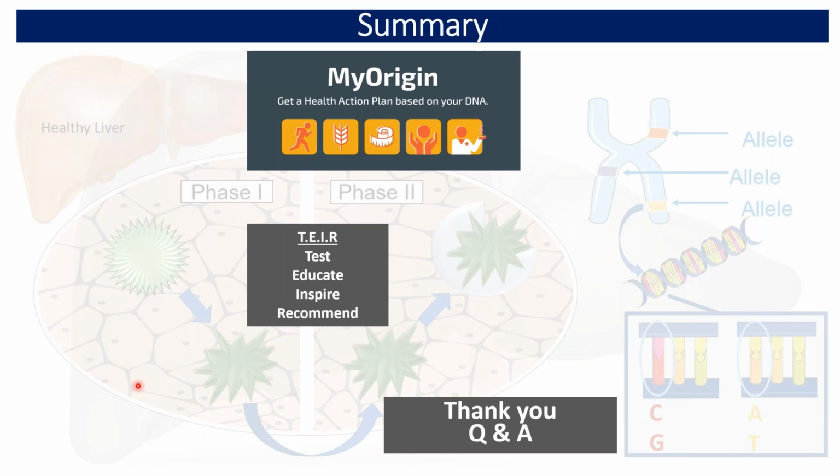and inspire them that they can make changes, and small changes incrementally over time can create huge changes in someone's life. And then we recommend a proper protocol, and I continue consulting with patients.